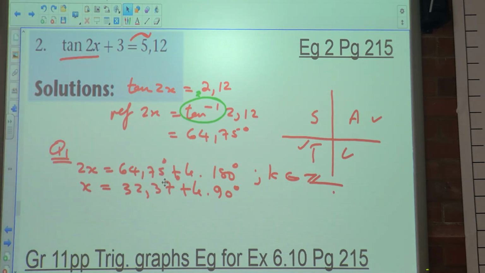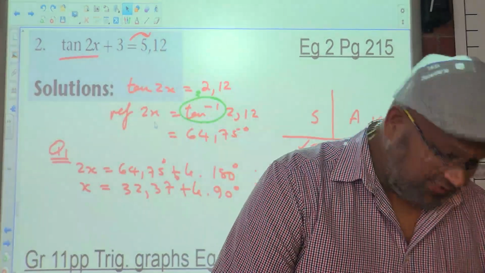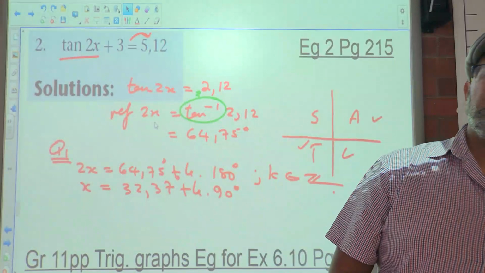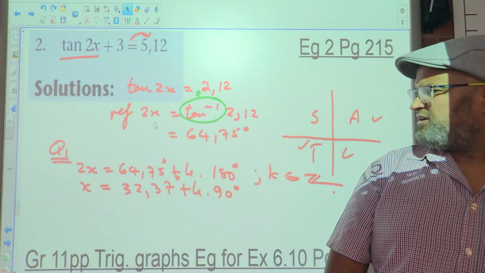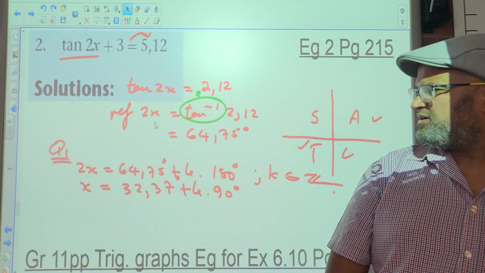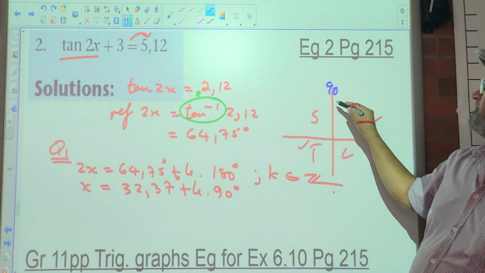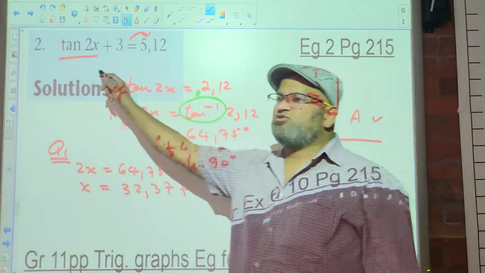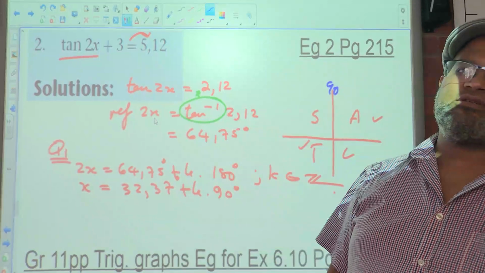For those of you who completed exercise 6.10, if you had said 90 minus, what's going to be the problem there, people? Tan must change to 1 over tan, so it's going to be something different.